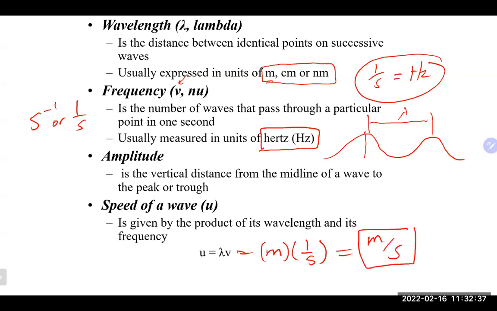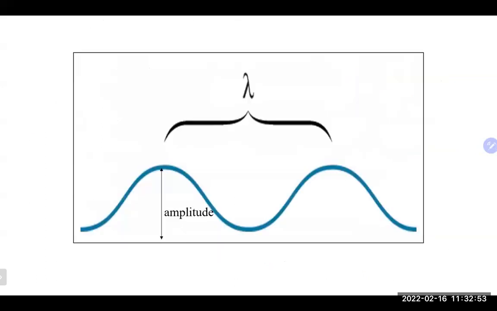That is a very common unit that comes out when you calculate the speed of a particular wave. Any questions on that? And there are all those things we just talked about.